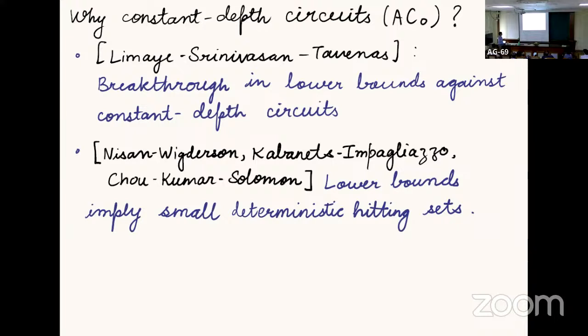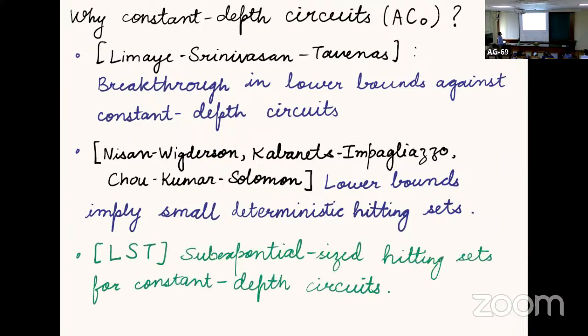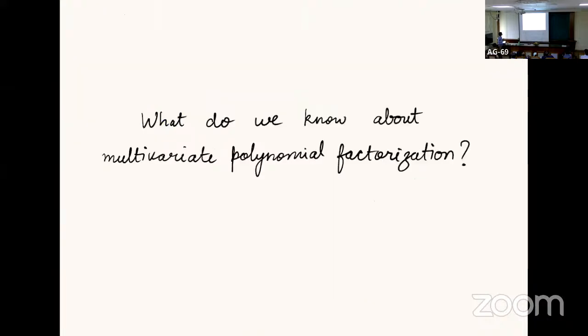In particular, the kind of lower bounds that we got from LST give you sub-exponential size hitting sets for constant depth circuits. So this is essentially where the sub-exponential running time for our algorithm comes from.